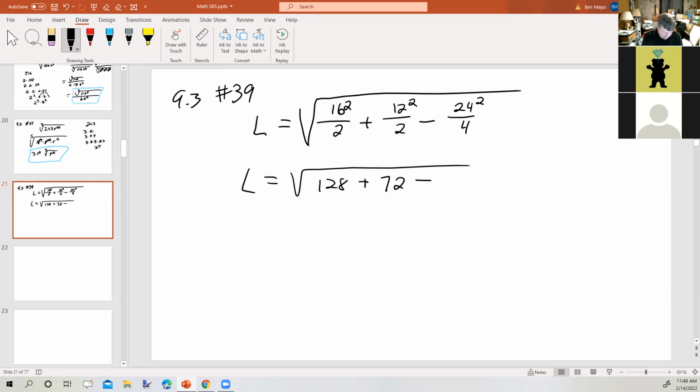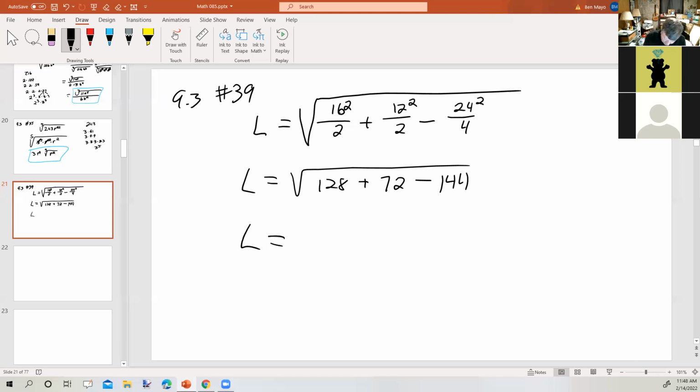And let's see here. 24 squared is 576 divided by 4 is 144.